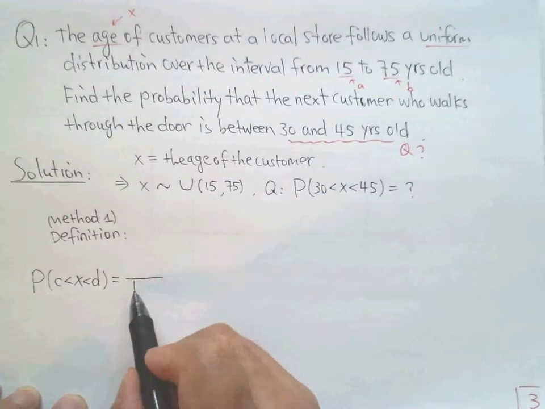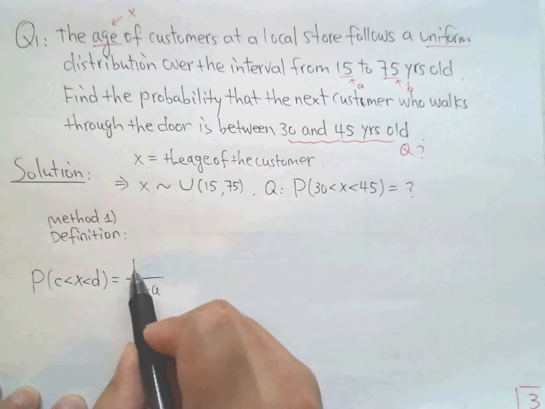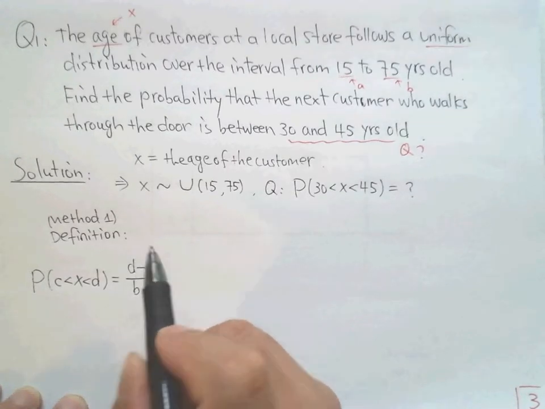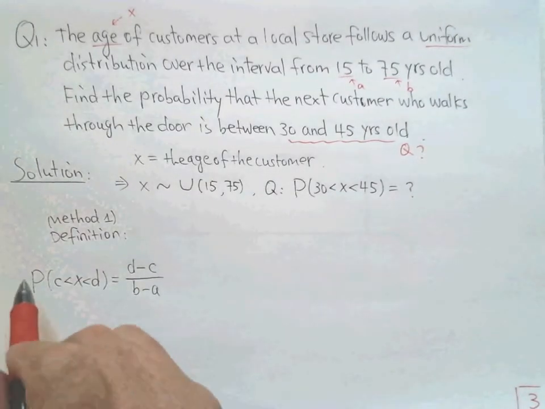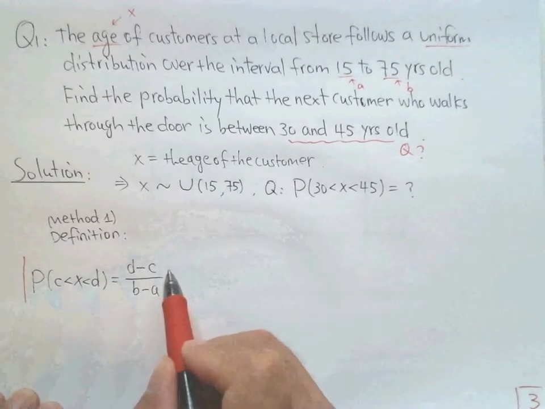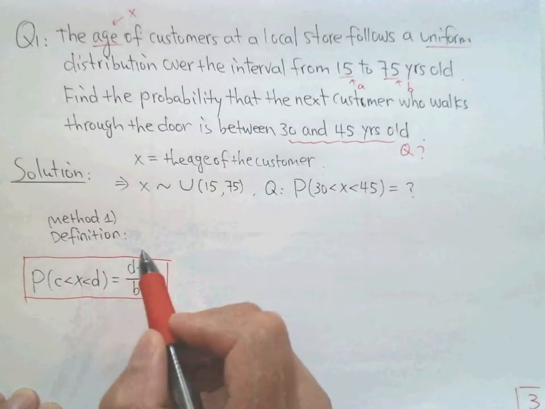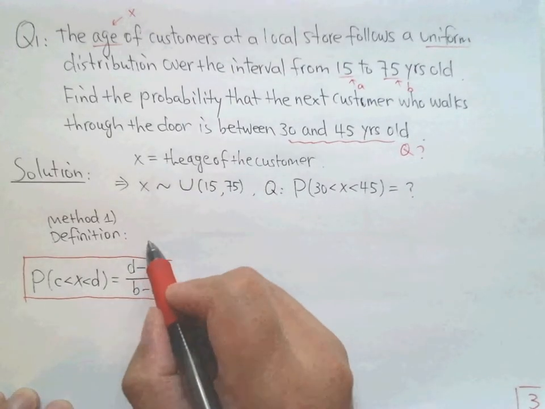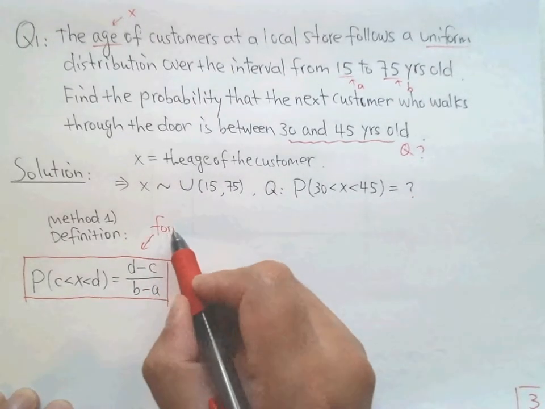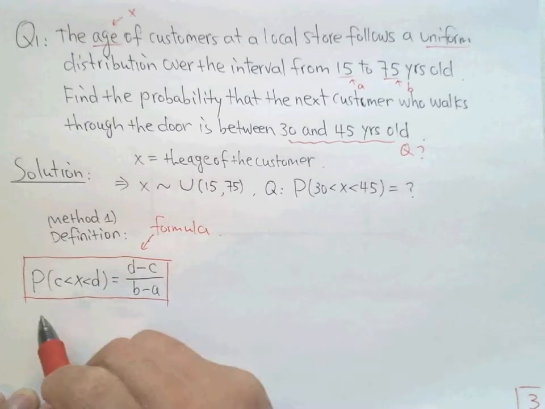The bottom is B minus A. The top is D minus C. Do you remember this formula? That's the probability formula for uniform distribution. If you want to use the definition, this is the formula of the definition.